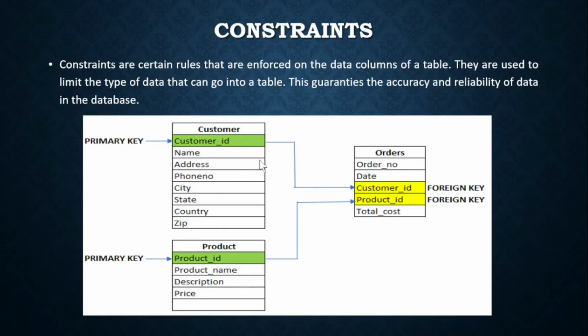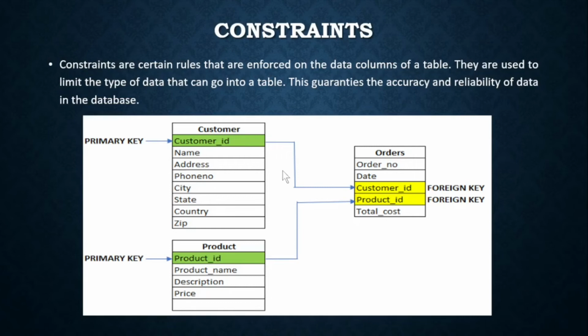In other words, you cannot have 2 customers with the same customer ID, and then the same customer ID is seen in the orders table. So in which case, the customer ID in the orders table becomes a foreign key. This is because it references the customer ID in the customer table, which is a primary key.